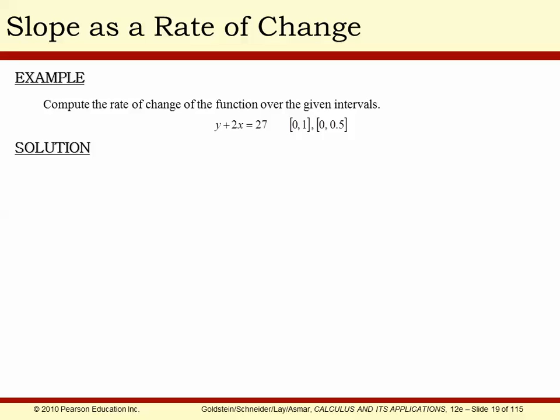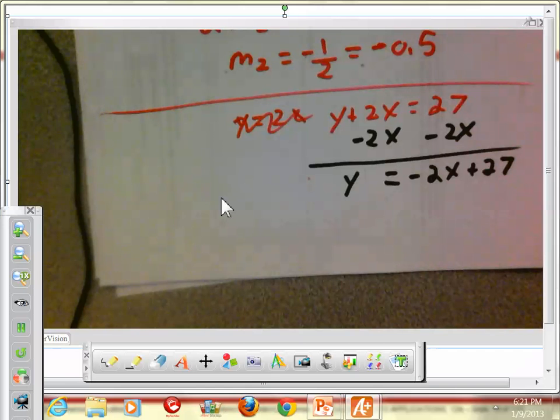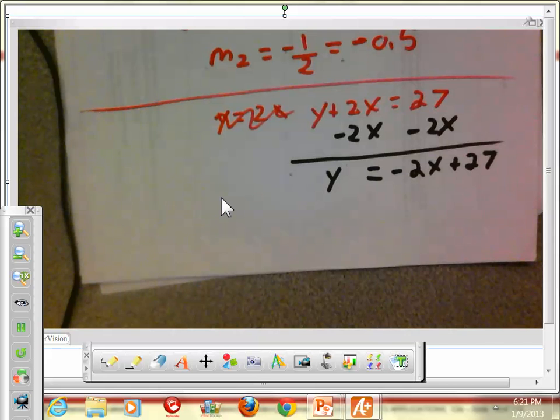What is another way to talk about slope? We talked about it at the beginning of class. Starts with an R. First word is rate. Rate of what? Rate of change. Slope is rate of change. What is the slope of this line? If we go back to here. What is the slope of this line? Negative 2.